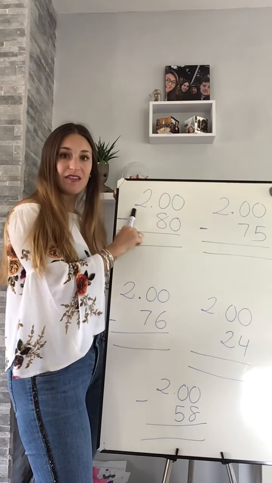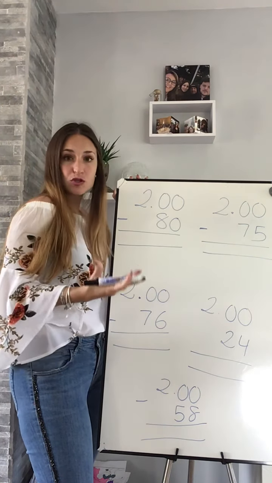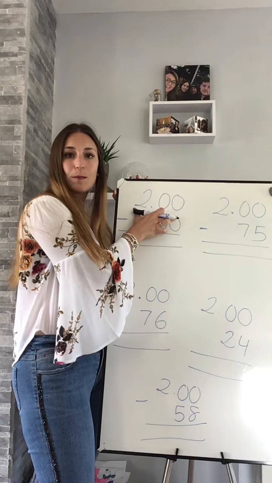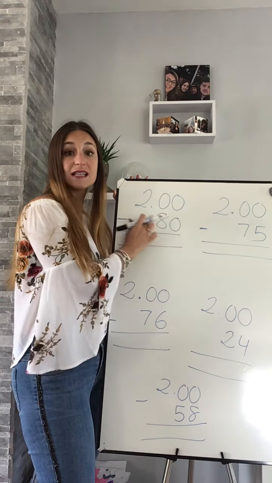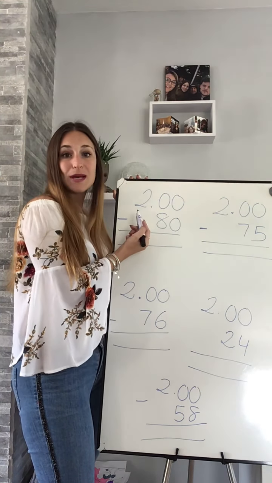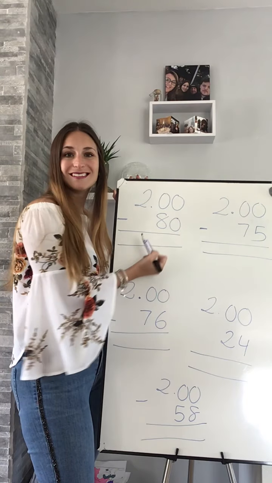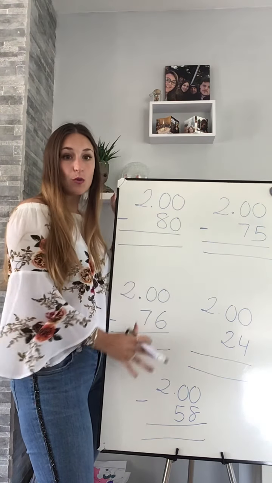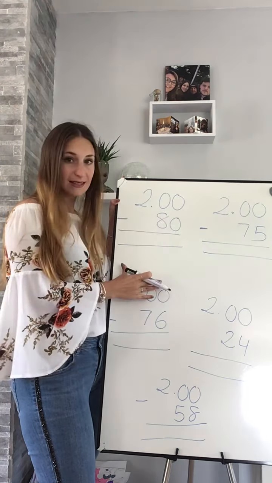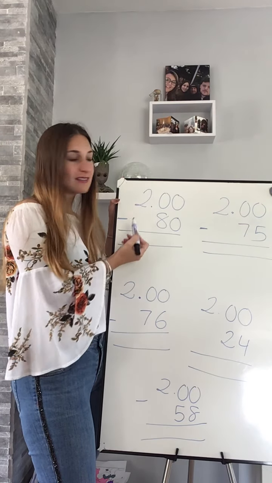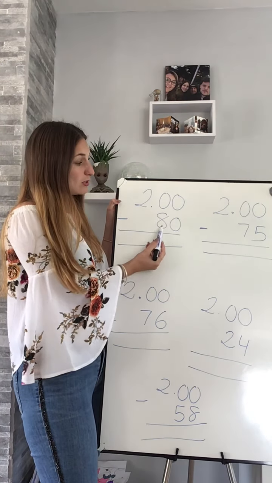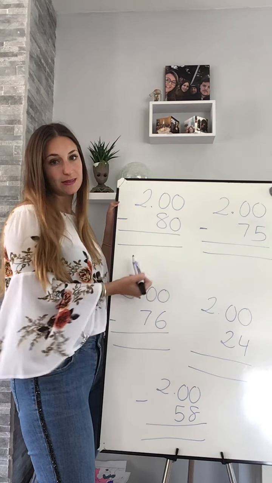Because it's 200 pence, and what I am subtracting is pence from pounds, so I need to write it as pence. £2 in pence is 200, okay? So that's the reason why we sort it in a column like that: the 2 goes in the hundreds column, the 8 goes in the tens, and then my ones normally.